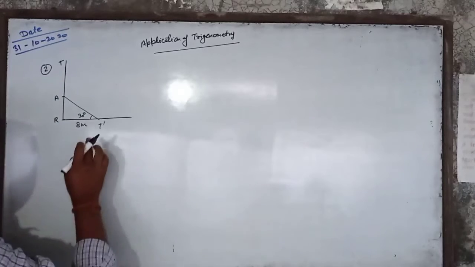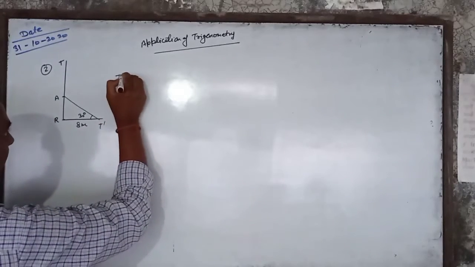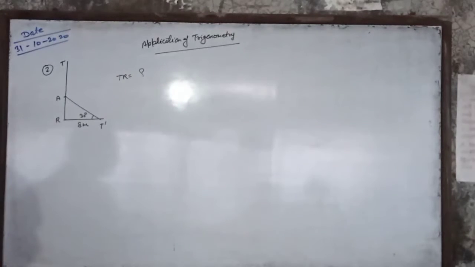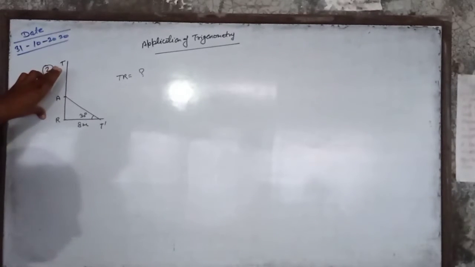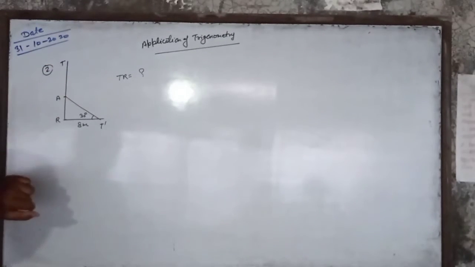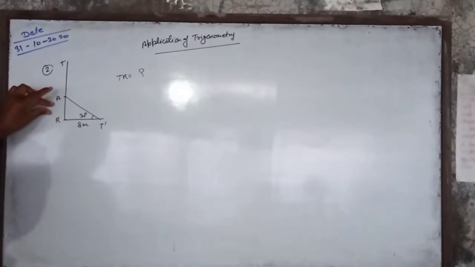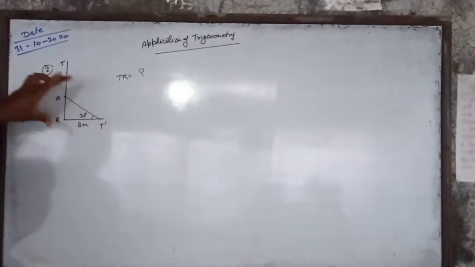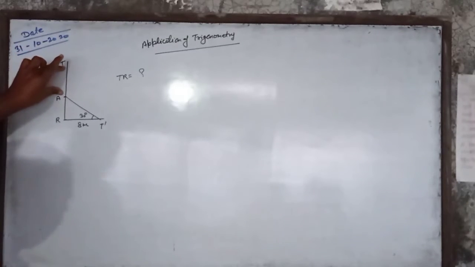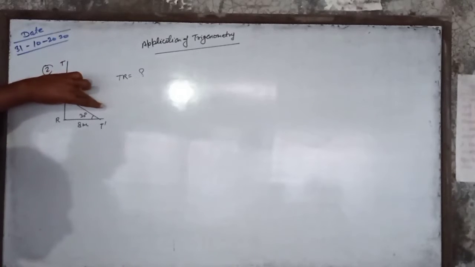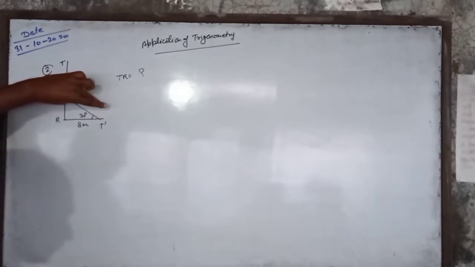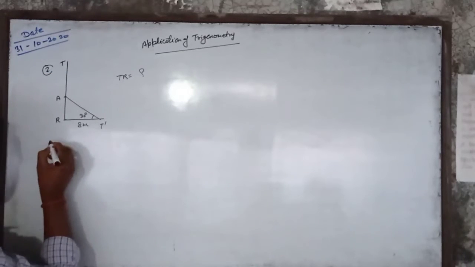Here we have to find TR, it means the total length of the tree. So here we have to find AR and AT dash both, and then add, that will be equal to TR, because here AT is equal to AT dash because the same length has bent.